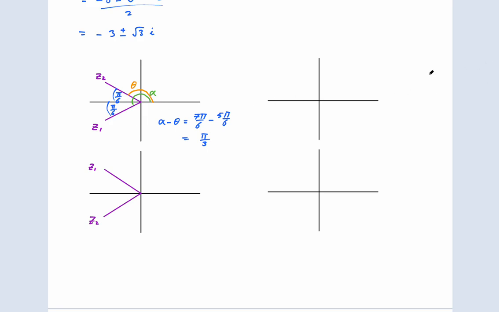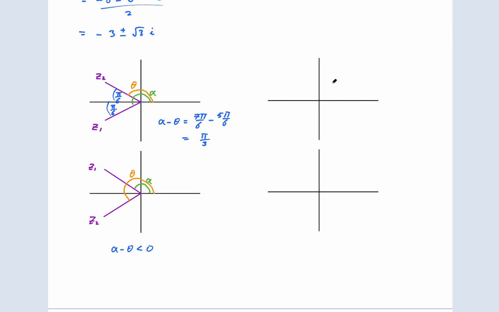Now, if we did it the other way, this guy would be alpha, and this guy would be theta. Then alpha minus theta is negative or less than 0. So this is not a possibility, not a solution.